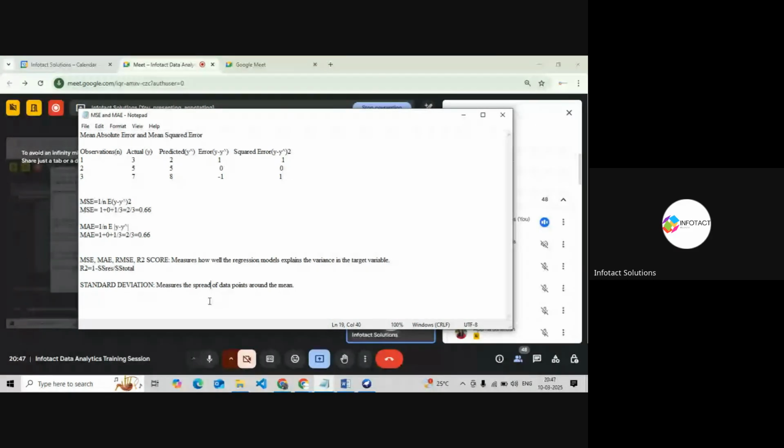Sir, root mean square error is the square root of mean square error, no? Yes. We have got mean square error as 0.66, so we have to calculate the square root of 0.66. If you want to calculate it in the middle, the square root comes into the picture, then the square and square root will cancel.